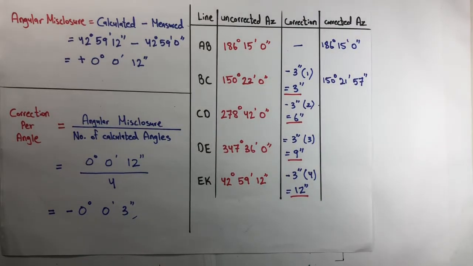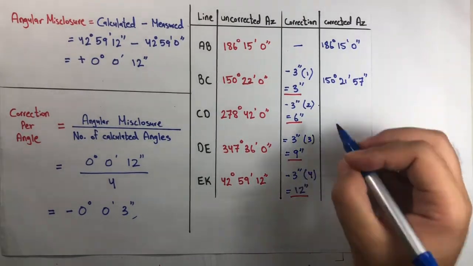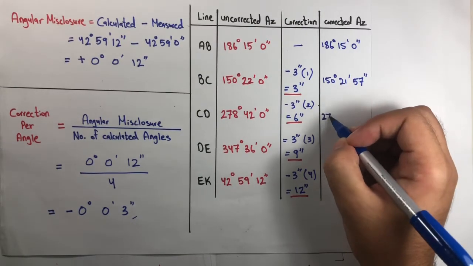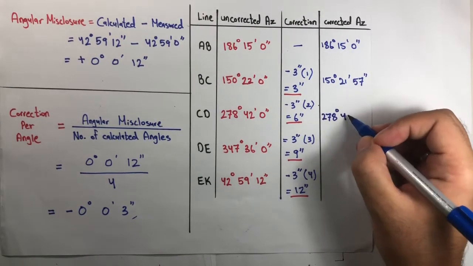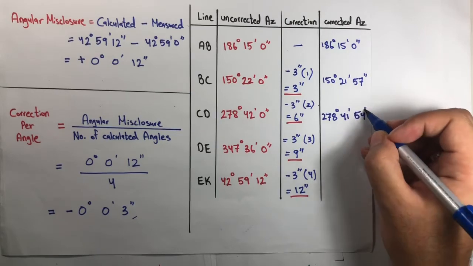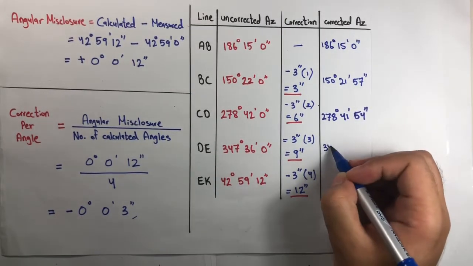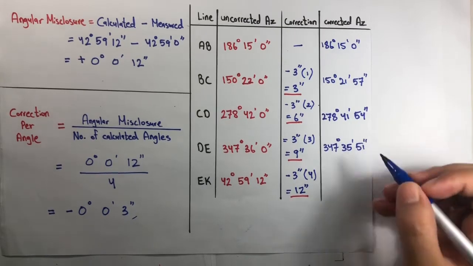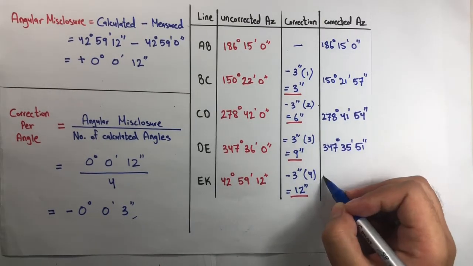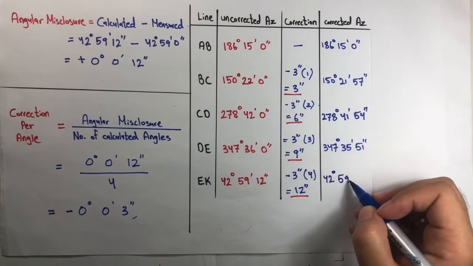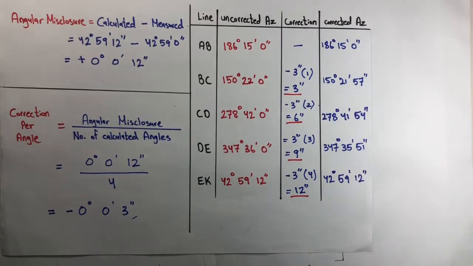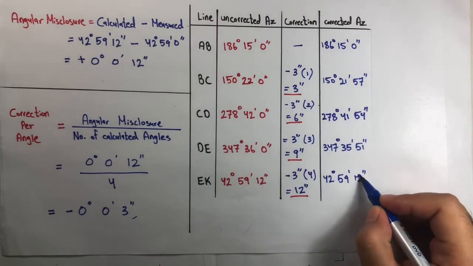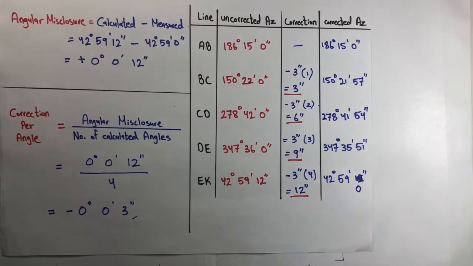Here we have to deduct 6 seconds and we'll get 278 degrees, 41 minutes and 54 seconds. Here we have 347 degrees, 35 minutes and 51 seconds. And here we have to deduct 12 seconds, we'll get 42 degrees, 59 minutes and 12 seconds. So these are the corrections. And sorry, my mistake, 0 seconds, so we deducted the 12 seconds.